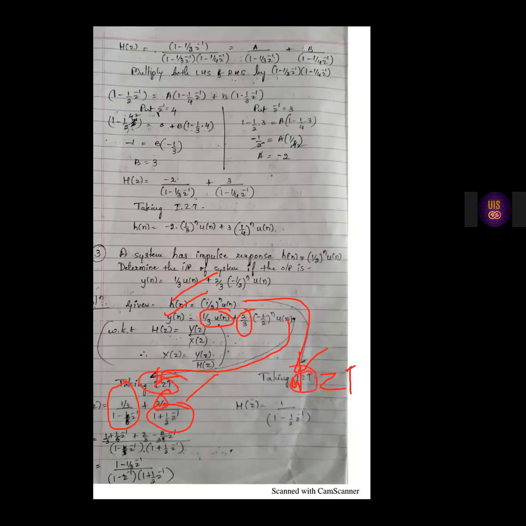It should be ZT. Remember, we are not now going for IZT. First, we are going for the Z transform. So if I take the Z transform in both the cases, for h of n, the Z transform is H of Z, and it is 1 by 2 raised to n u of n, alpha raised to n u of n, 1 by 1 minus alpha Z inverse. So H of Z. So I have got two things now.